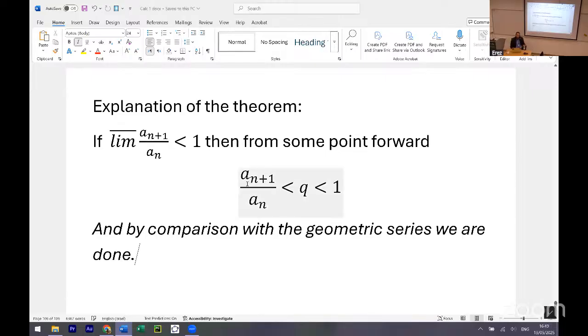If the ratio is always smaller than q, then by induction you show that after n steps, you're not larger than q to the n. That's the thing I'm skipping. We're not doing the full proof, but I hope I conveyed the main thing: it must be that the ratio is smaller than q from some point forward.